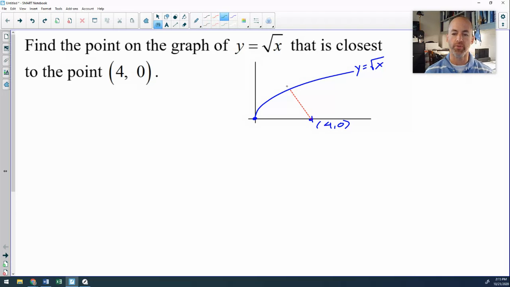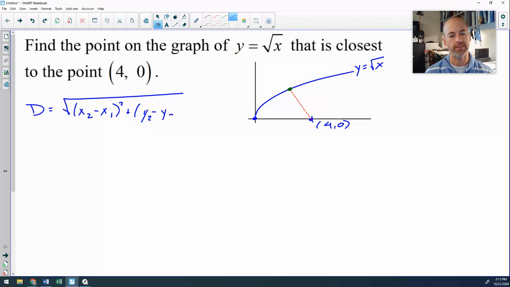And so because we are minimizing the distance between 2 points, we will be using the distance formula. If you have forgotten the distance formula, first, it is just the Pythagorean theorem in disguise. But if you're a fan of just memorizing formulas, it is your change in x squared plus your change in y squared. And so in order to measure that distance, we need 2 ordered pairs.